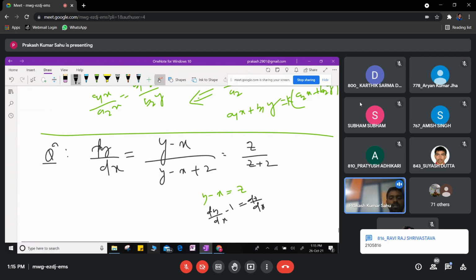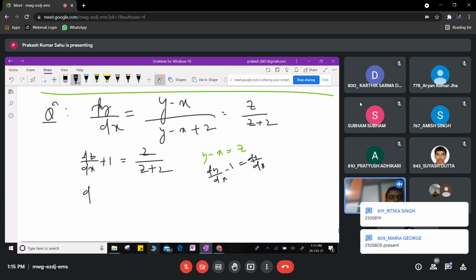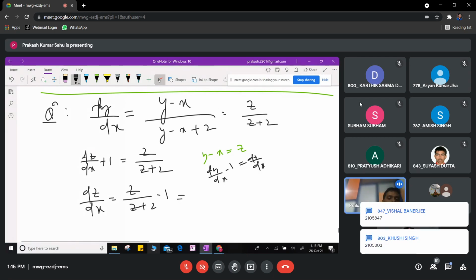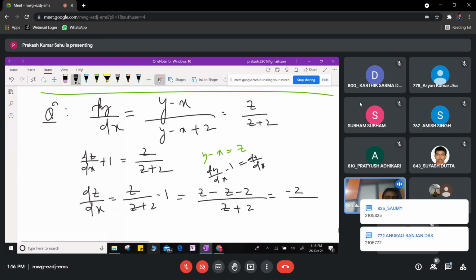So dz by dx plus 1 is equal to z by z plus 2. Then dz by dx is equal to z by z plus 2 minus 1, and simplifying, this is z minus 2 divided by z plus 2, which is equal to -2 by z plus 2.